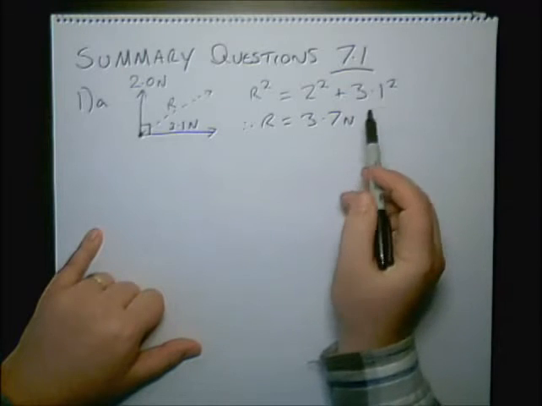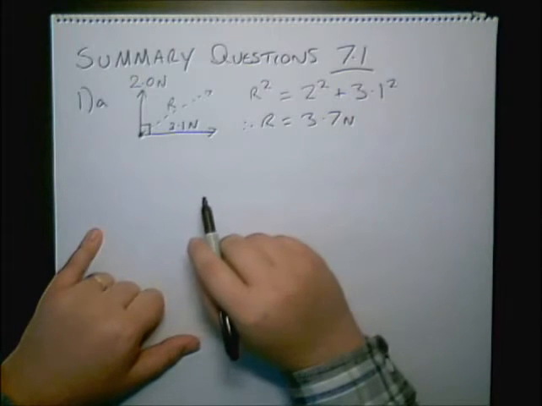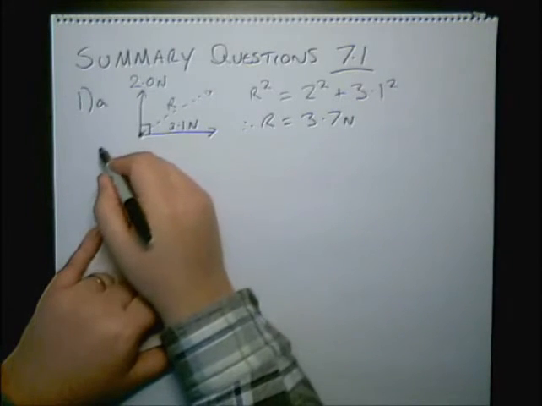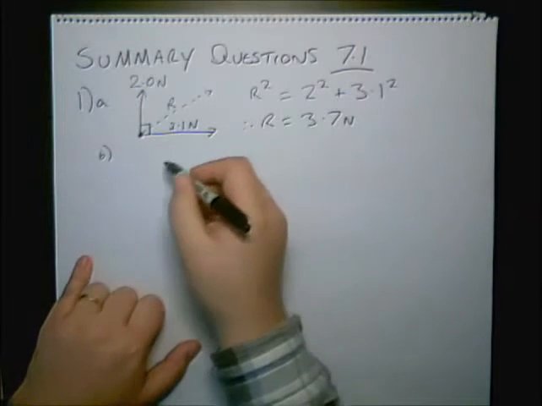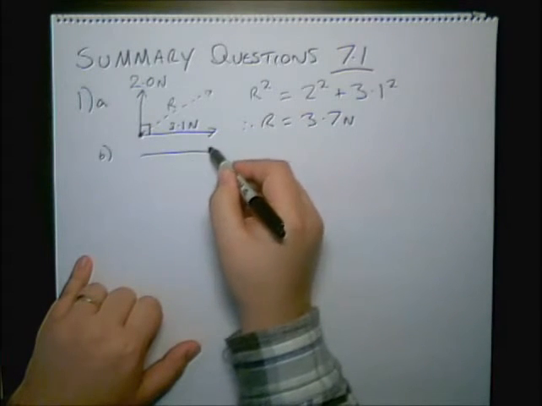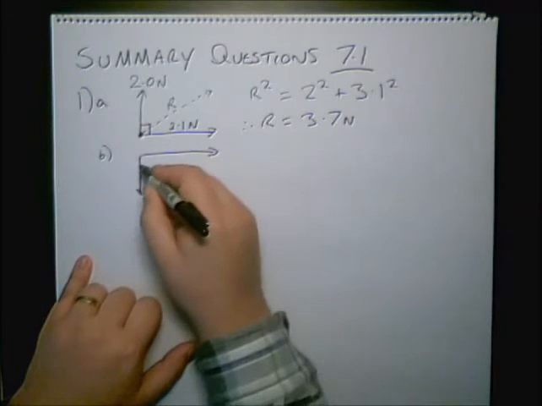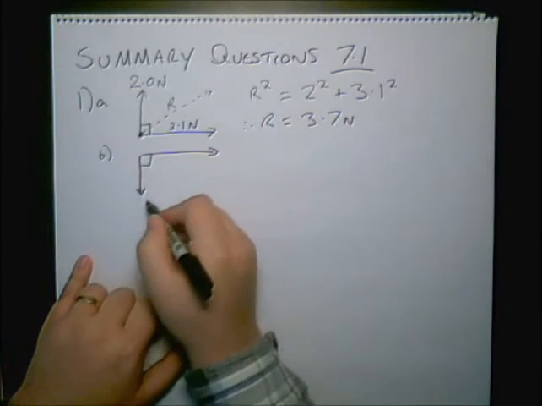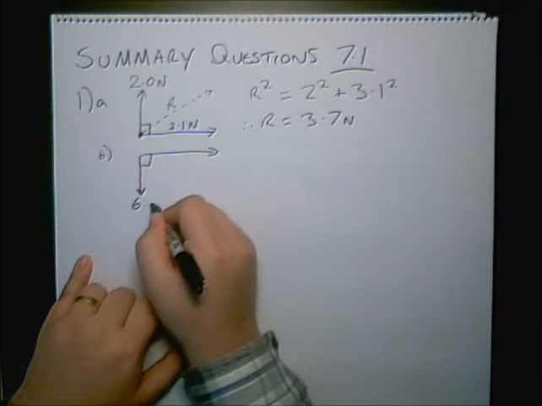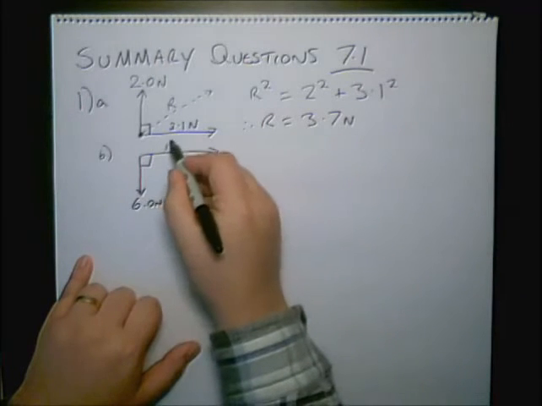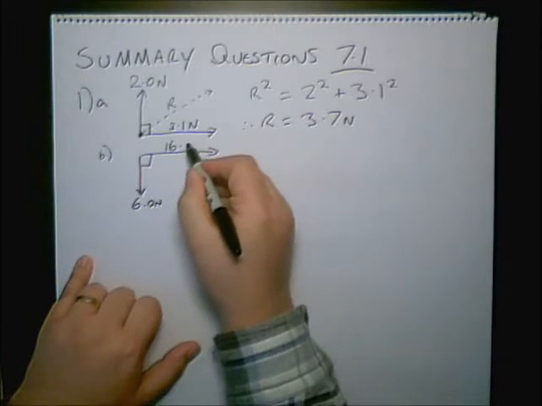And we'll go to the same decimal places as given in the question. Part B. This is the same right angle style question, although this time the other force is downwards. This force here is 6.0 newtons and this is 16.0 newtons.